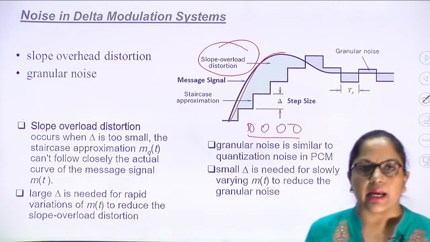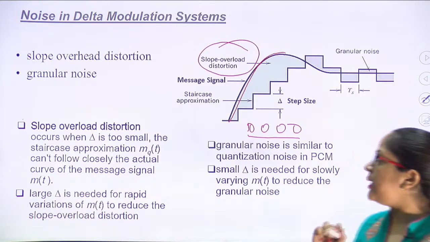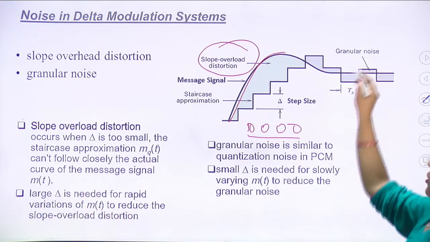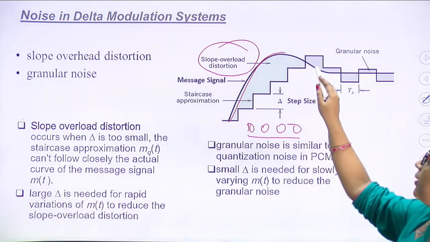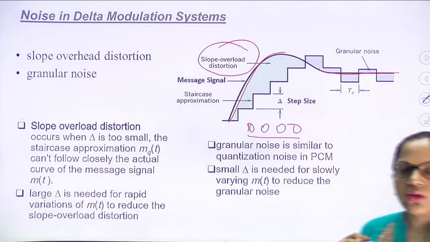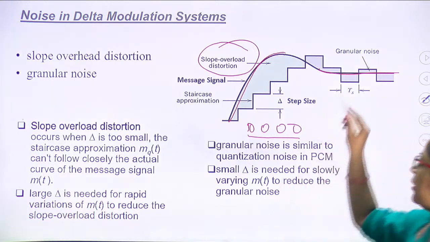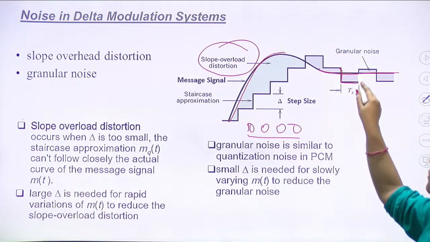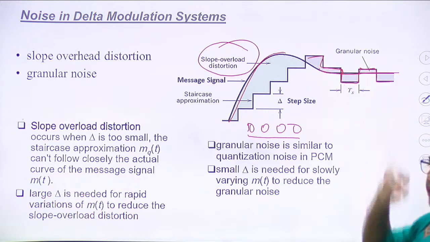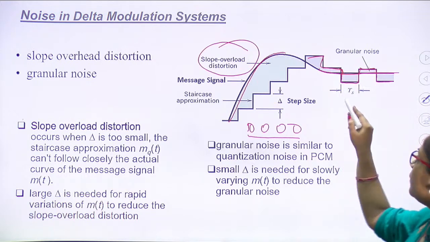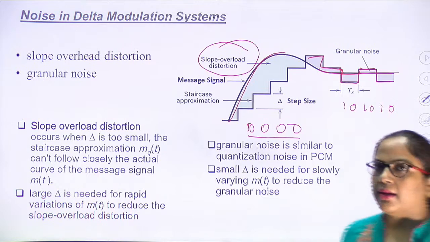The second is granular noise. It occurs if we consider the step size value too large. So if we have considered the step size value too large and our information has become constant, constant means that there are no changes in our information, but if the step size is too large, then it will keep on crossing the constant information line and we will keep on getting alternating bits in our output.